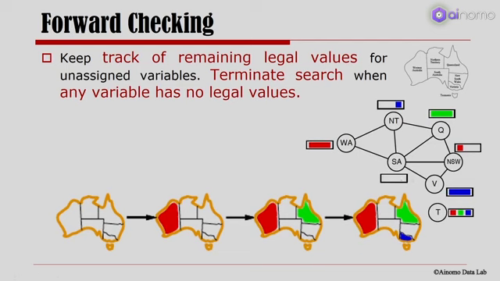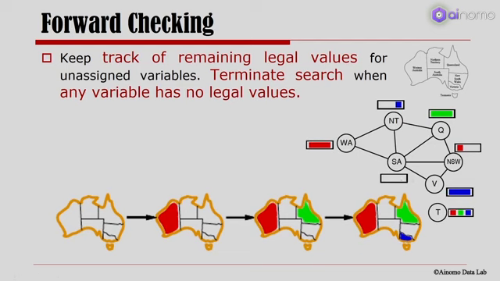Constraint propagation propagates the implications of a constraint onto other variables to detect inconsistency. So continuing with our map coloring example, we initially have all three colors for each of the 7 variables.